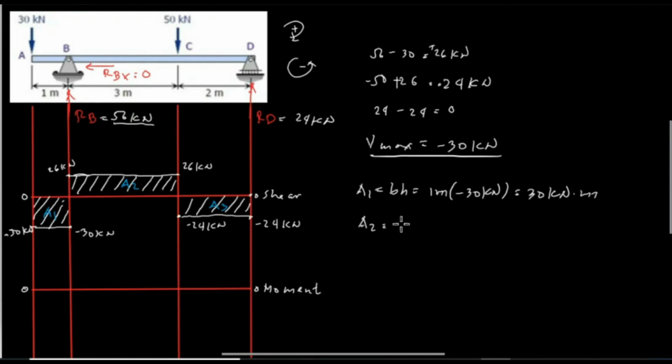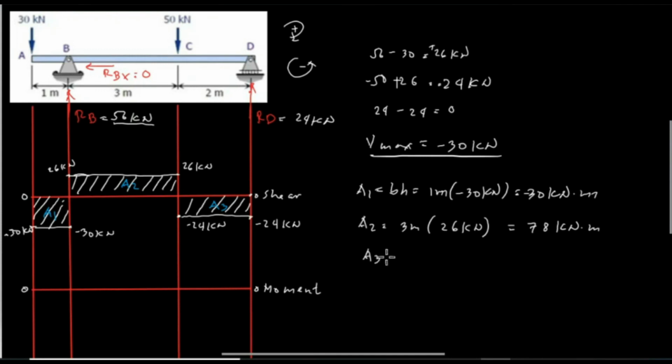Area 2 is the rectangular shape from B to C, and the base for area 2 is the length, 3 meters, and we multiply by the height of the shear force from B to C, which is 26 kilonewton, and it is positive. So 3 times 26 is equivalent to 78 kilonewton meter, with a positive sign. Area 1 is negative, so negative 30 kilonewton meter.